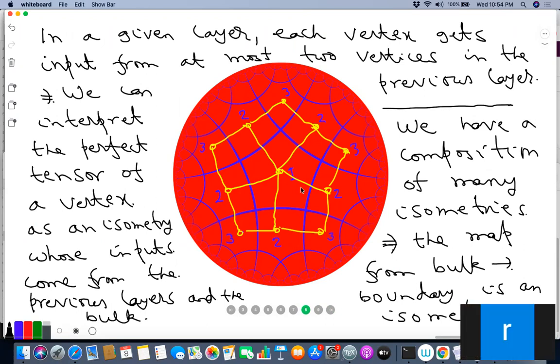So for example, suppose the cut is passing through this. Suppose this is a cut, then these link indices I'm keeping free. I contract all the links in the interior, but these link indices I'm going to keep free and define this tensor M as a function of those indices and the bulk indices and the boundary indices.